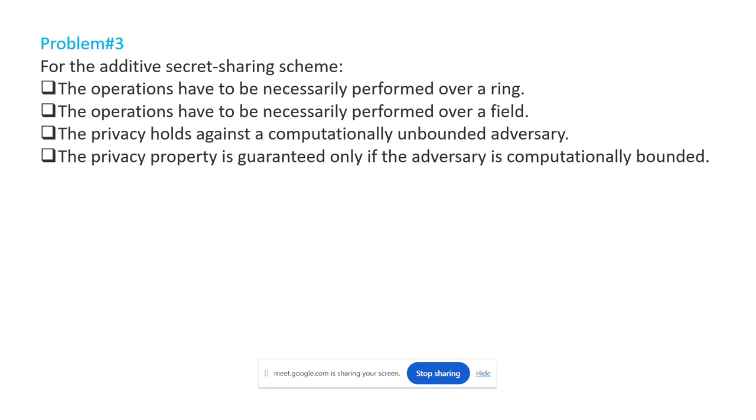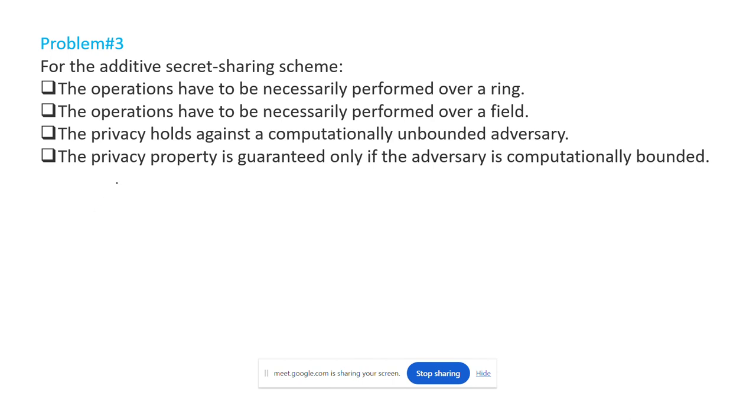Okay, so for the additive secret sharing scheme, I was just explaining that the only operation you rely on is some particular addition operation. Usually the algebraic structure group is defined over a set and a particular operation which satisfies the closure property, so we usually call it an additive group.